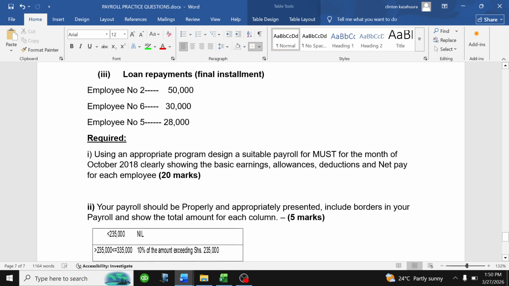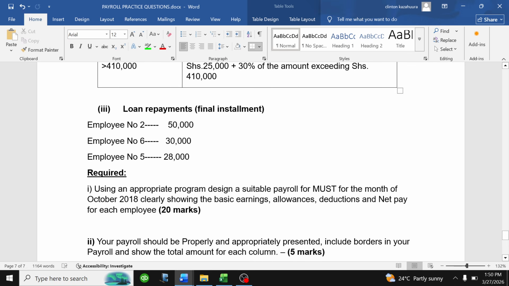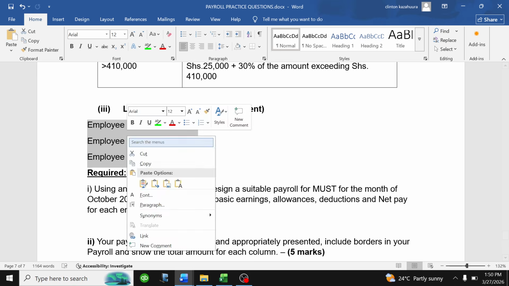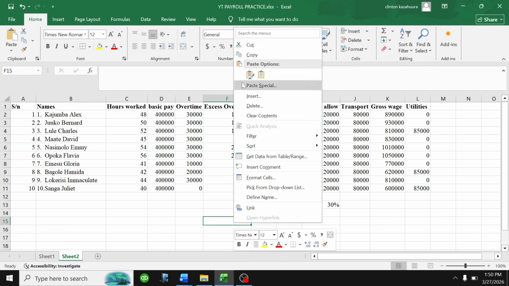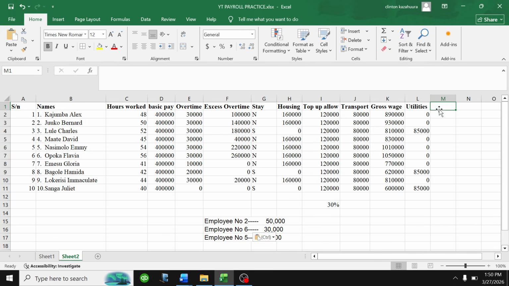So when there is a loan repayment here, installments, final employment for employee number 2, 6, and 5. So it means these people are taking loans and now they are paying back. So there is no way we can enter this using a formula. You simply take it there manually. So I can paste for reference. So I will have loan, but then before that, you'll have your LST here, local service tax.